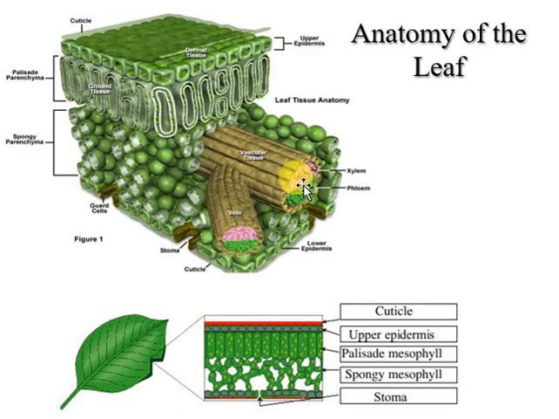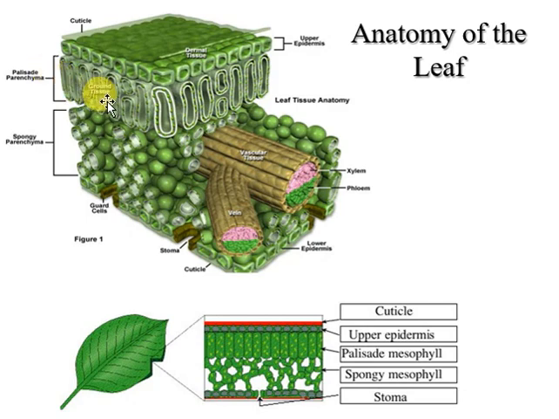Now, more specifically, the process of photosynthesis will occur in this middle layer that's called the parenchyma, also known as the mesophyll. Your mesophyll is composed of 2 separate types of parenchyma.